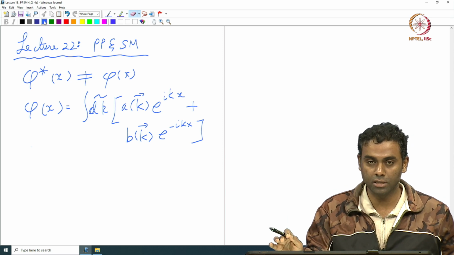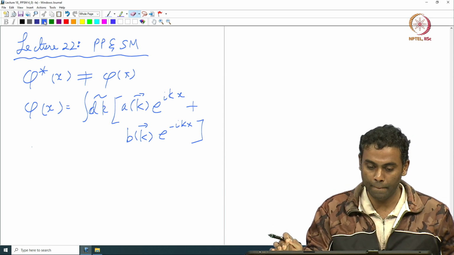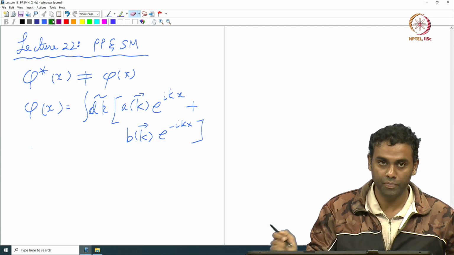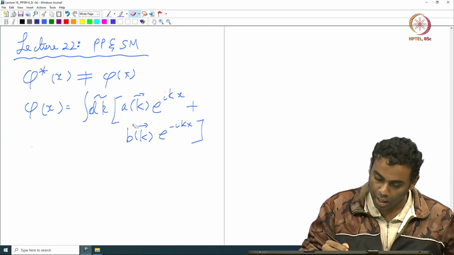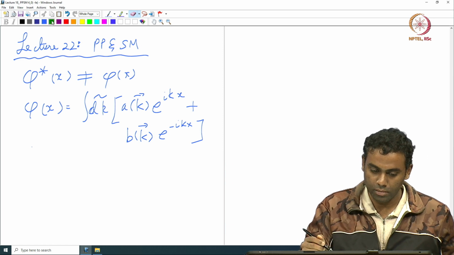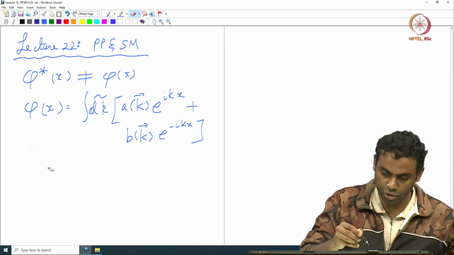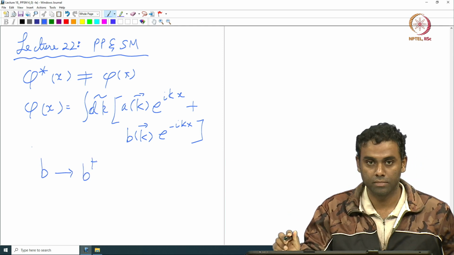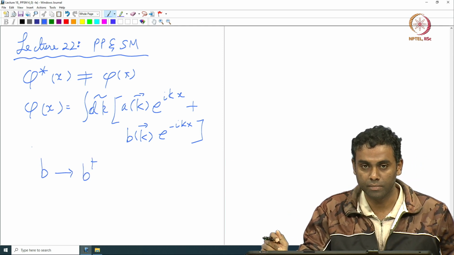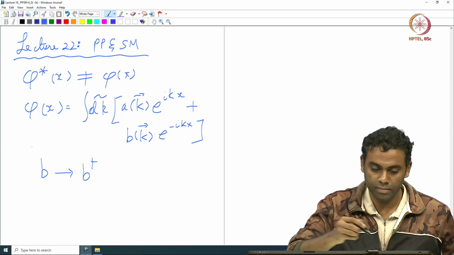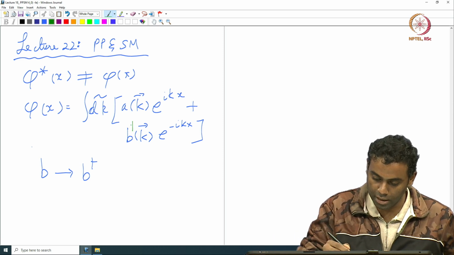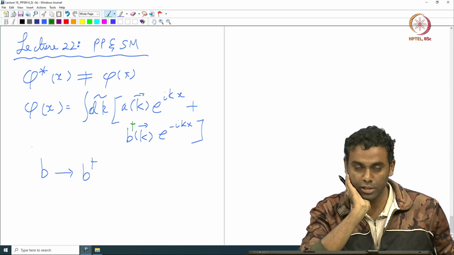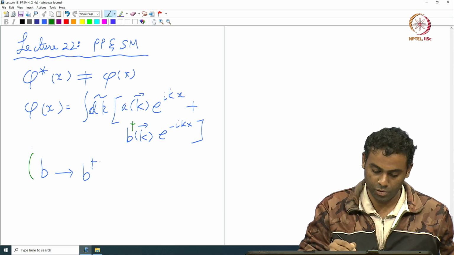We have just this as the general solution, except I am going to do one little change. Earlier we just had a B, but now I am going to change variables. I am just going to call B as B dagger, so that B dagger becomes B. I am just going to put a dagger here, and call this the general solution. Why?